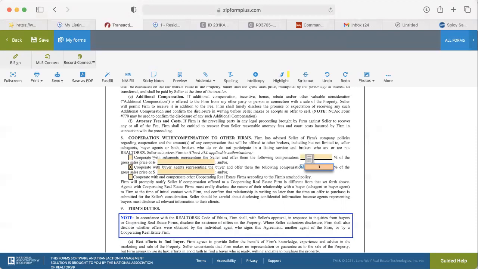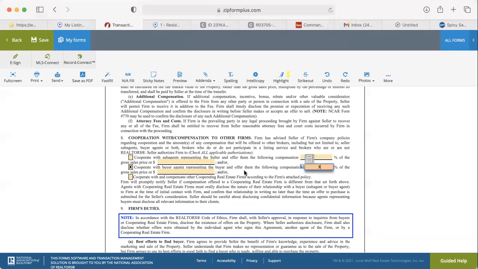This first one says cooperate with sub-agents representing the seller and offer them the following compensation. So a sub-agent of a seller, if you don't have an active buyer agency agreement with a buyer and you write an offer for that buyer to purchase a property, then you are a seller's agent.